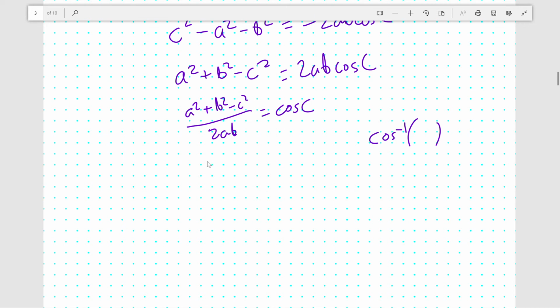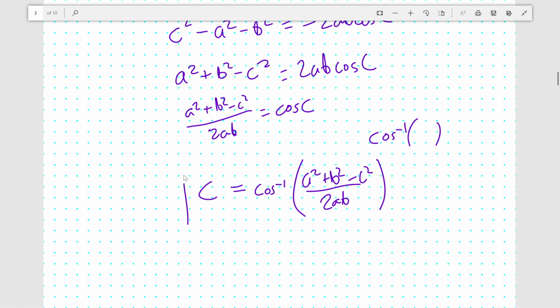So c ends up being the inverse cosine of a squared plus b squared minus c squared, over 2ab. And that is the other immensely useful application of the cosine rule.